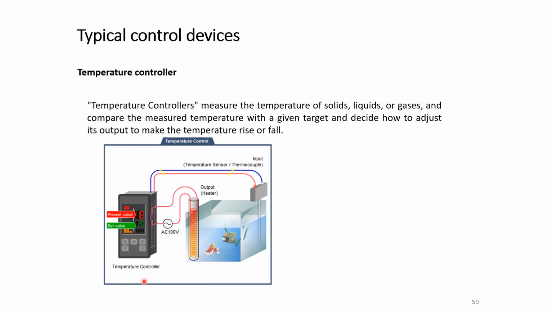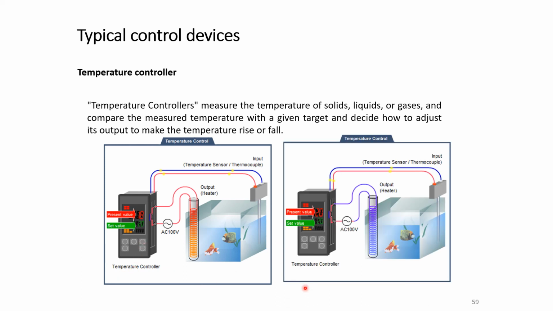So we want to keep the temperature of water at 20. Since the present value is below the set value, the relay of the temperature controller will close the AC circuit, and the output heater will be on, basically to inject heat into the water.